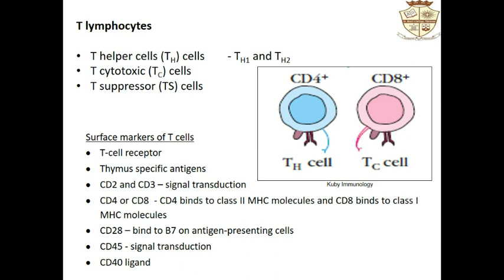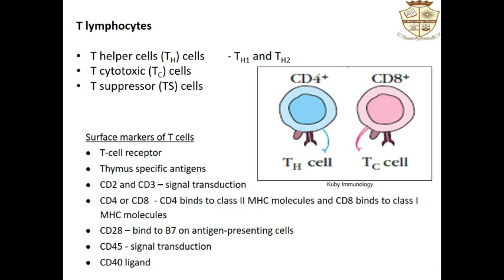The T cytotoxic cells or Tc cells, which have a CD8 marker on their surface, get activated when they interact with an antigen complex with MHC class I molecule. These are presented on altered cells such as virus infected cells, cancer cells, graft cells, etc. Activation of Tc cell occurs, which results in the proliferation and differentiation of the Tc cell to become the cytotoxic T lymphocytes or CTL.